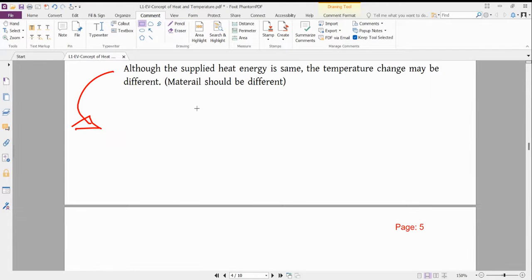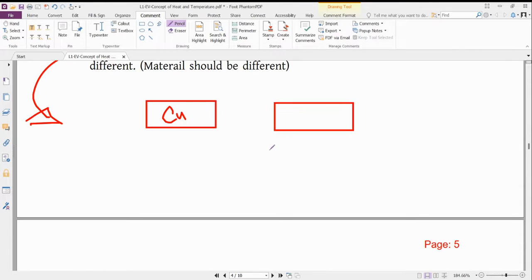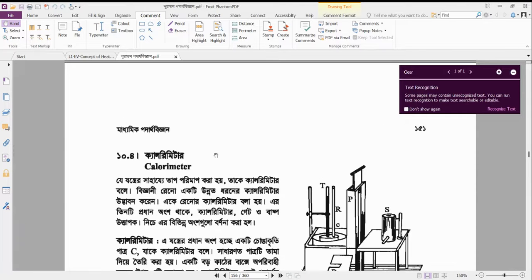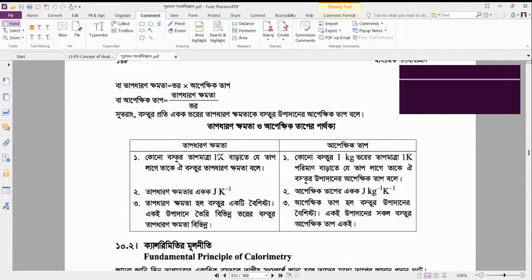Very simple example. Let us consider two materials. One is copper and another, I will give the material name. Just let me give the chart first. Specific heat of different materials.